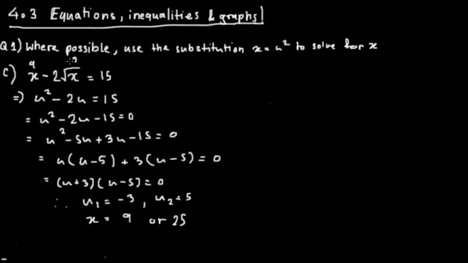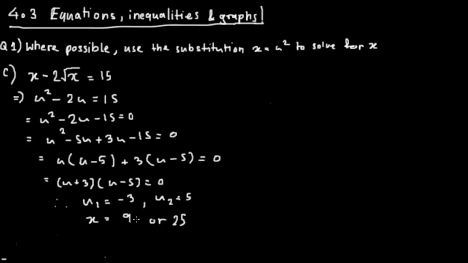So this is 2 times 3, so 2 times 3 is 6. Then 9 is going to be here. So 9 minus 6 is not equal to 15. It's not, right? So we can say that 25 is the right answer.